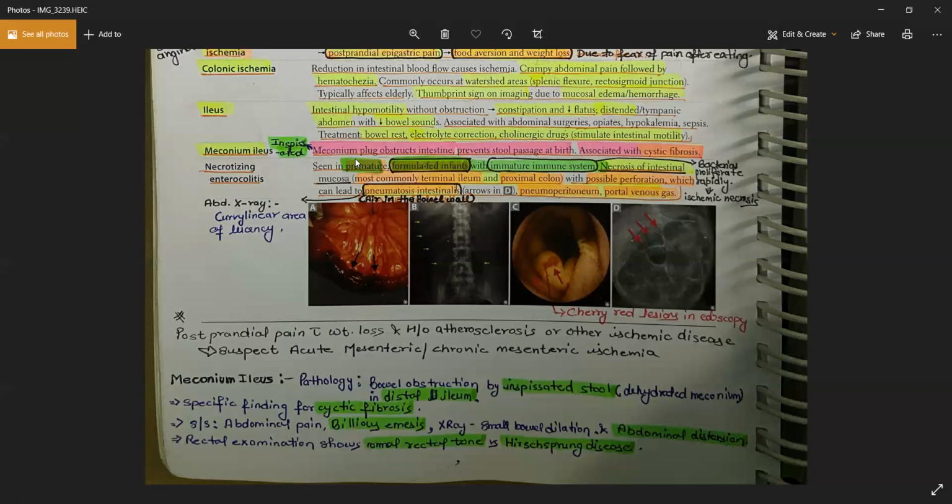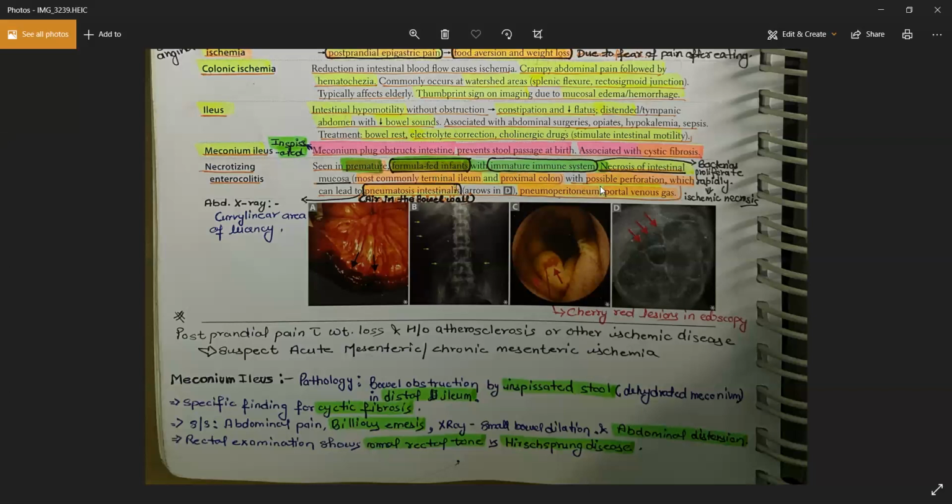Because of the hyperproliferation, you can have damage of the intestinal walls, and because of the necrosis you can have air in the bowel wall. Very important, air in the bowel wall. You can have an abscess in the bowel wall. The necrosis will happen, and most commonly it affects the terminal ileum and the proximal colon.